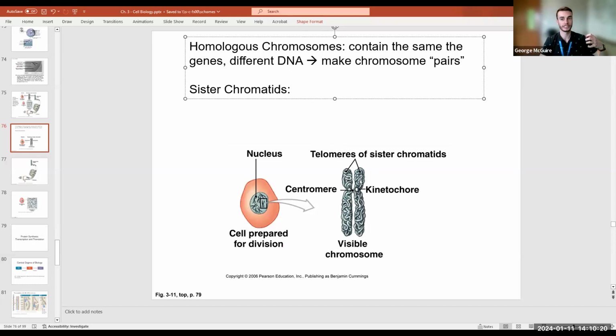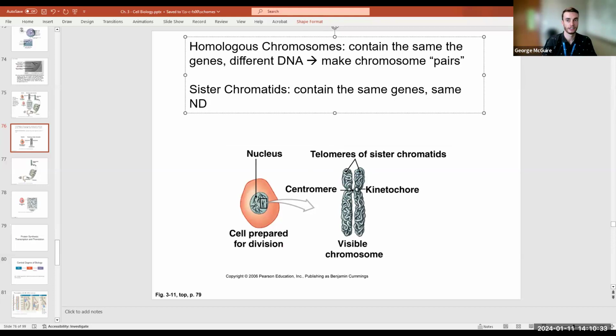One of each chromatid will go to each new cell, giving those new cells a copy of every single gene that you started with. So sister chromatids contain the same genes, the same DNA, because they are exact copies of one original chromosome.